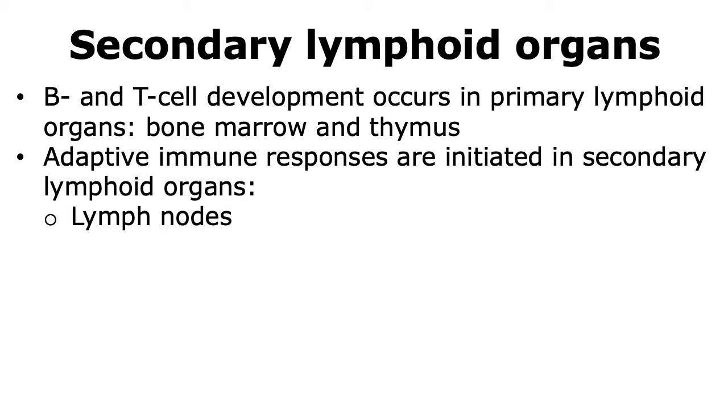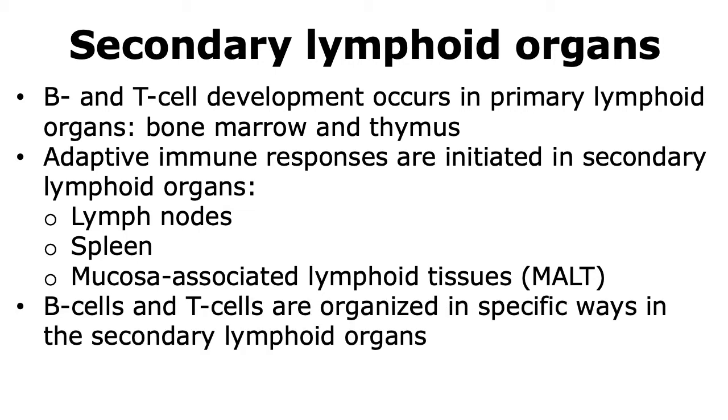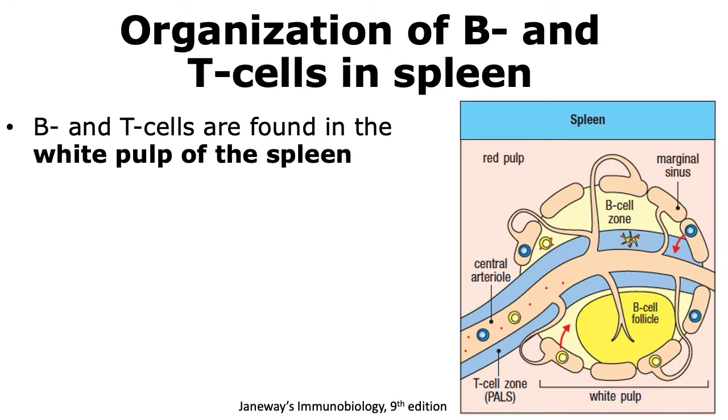Some examples of secondary lymphoid organs are lymph nodes, spleen, and the mucosa-associated lymphoid tissues, also called MALT. We've seen this before, but B cells and T cells are organized in specific ways in these secondary lymphoid organs. And this results in B cell zones and T cell zones. So let us look at the organization of B cells and T cells in these secondary lymphoid organs.